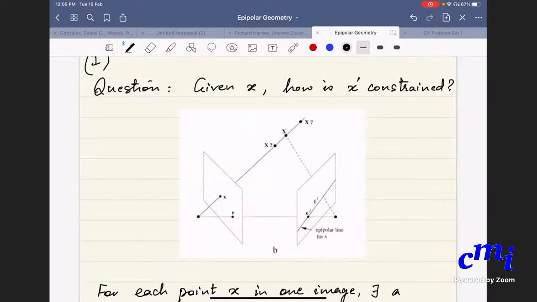The first question about correspondence geometry was, given x, how is x prime constrained? Geometrically we see that you back project this and then you get this epipolar line. Now we want to get an algebraic formulation of the whole thing, which means if you are given x in the first image, then what can you say about x prime?